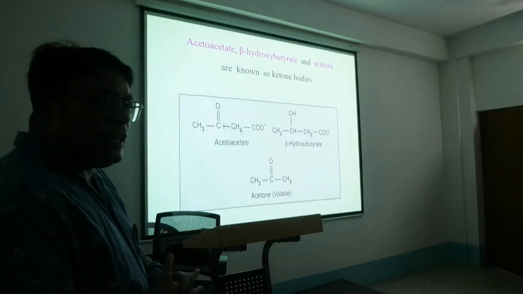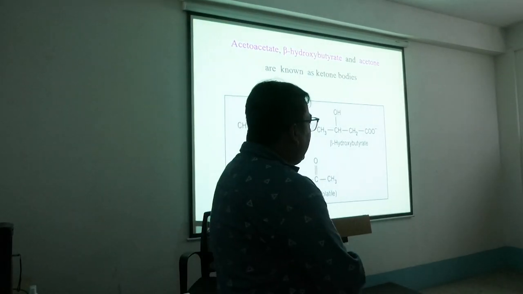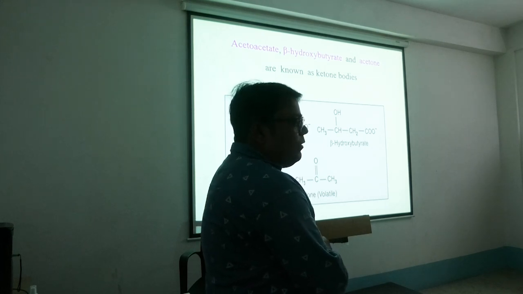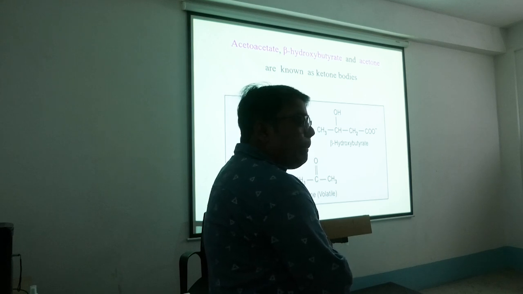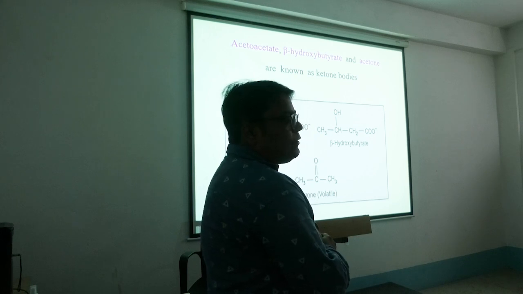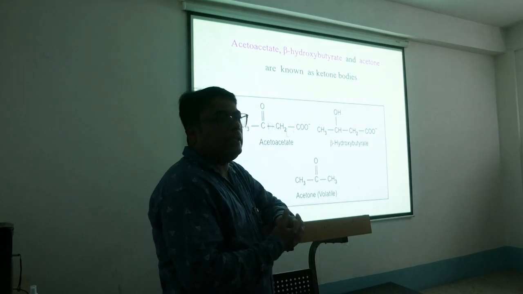So this is the structure of all the ketone bodies: acetoacetate, beta hydroxybutyrate, and acetone, which is volatile in nature. Okay. So in a diabetic ketoacidosis patient, there is a term, Kussmaul breathing.